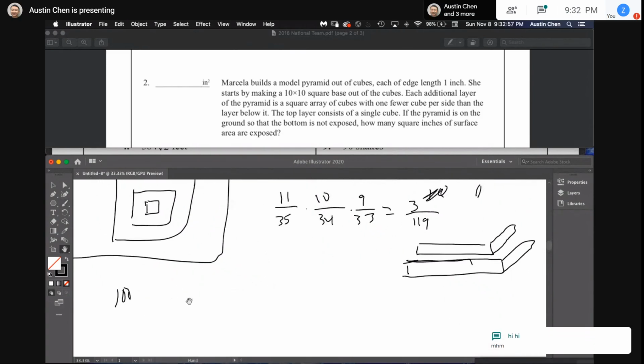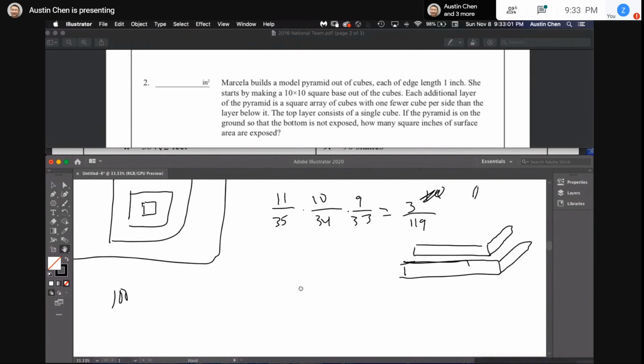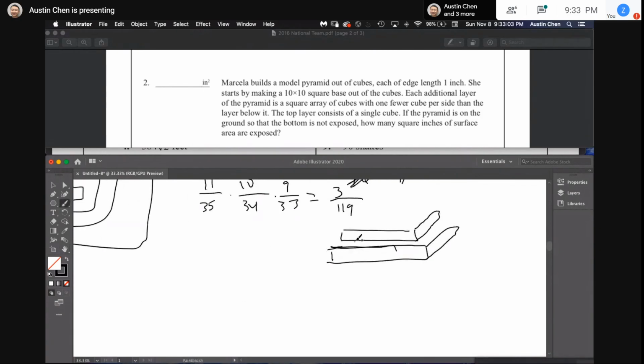And then we just need to find the exposed side area, which should not be that bad. The exposed side area of this side will be 10, and then this will be 9, this will be 8, and so on to 1.